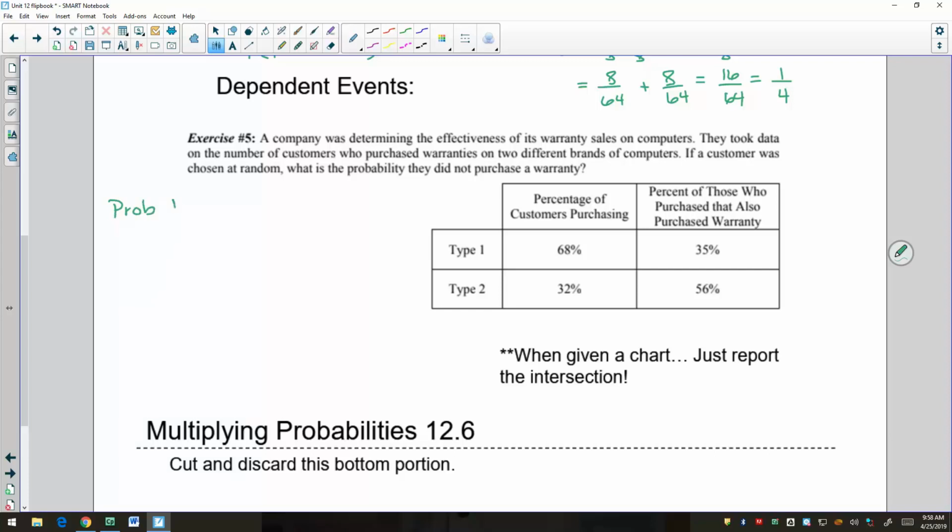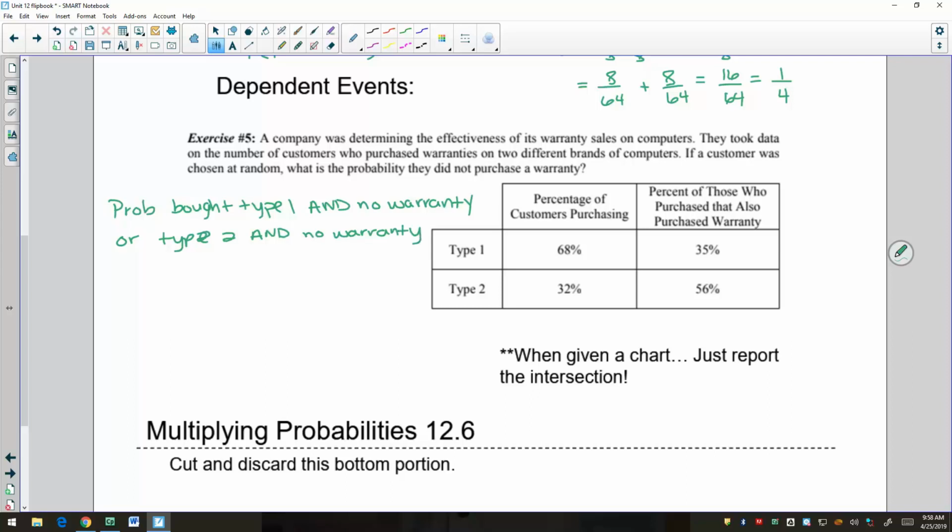So what we are trying to find is the probability that they bought type 1 and no warranty, or, because they could have bought type 2, we just want to know that they didn't buy a warranty, or they could have bought type 2 and no warranty.